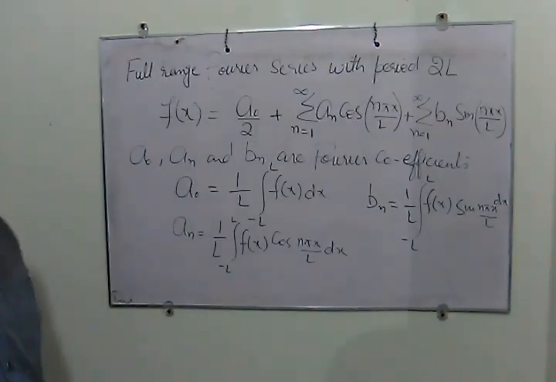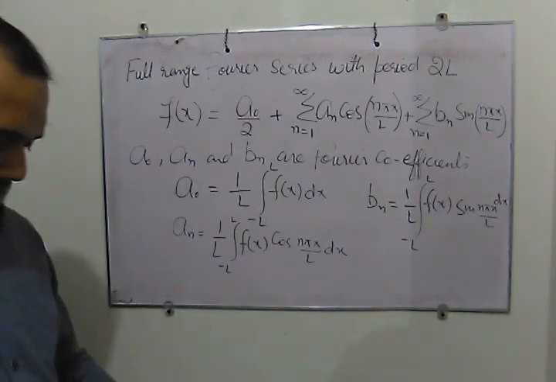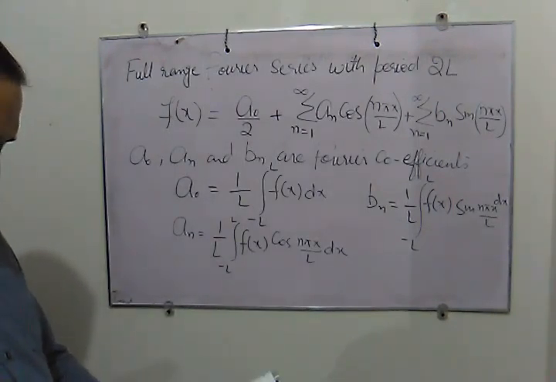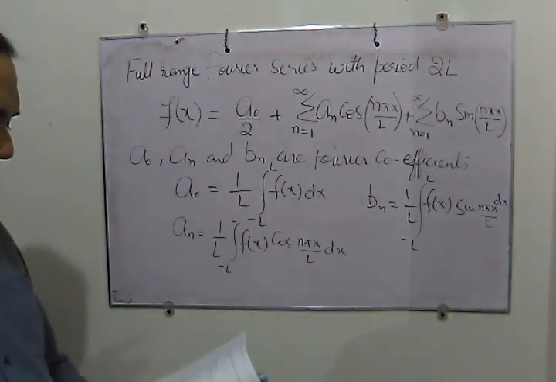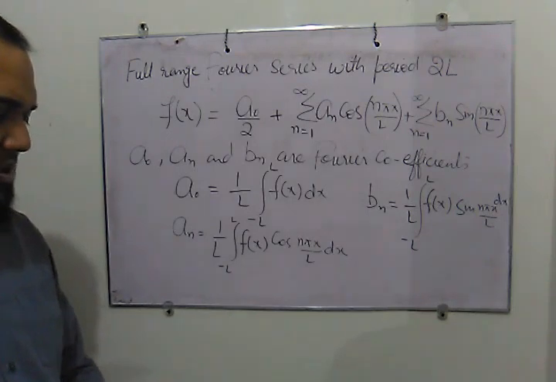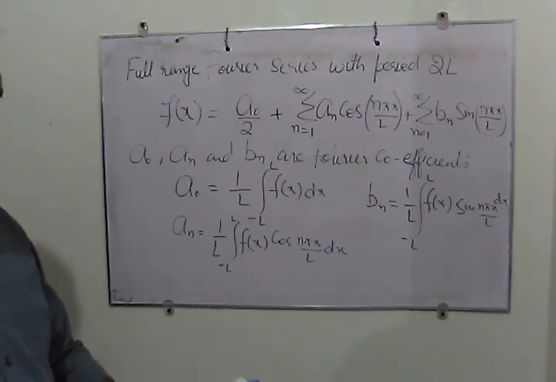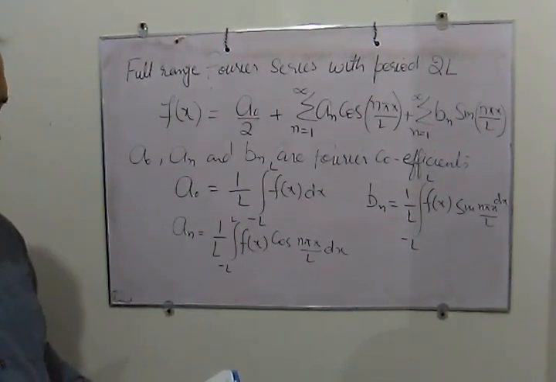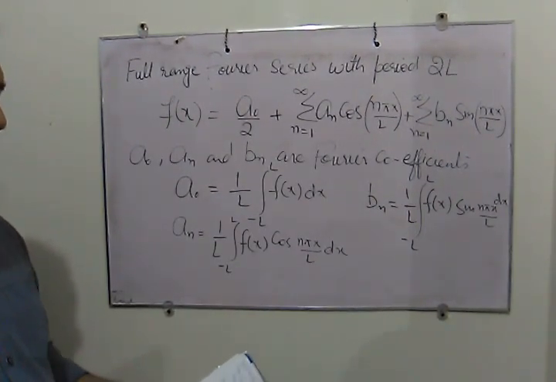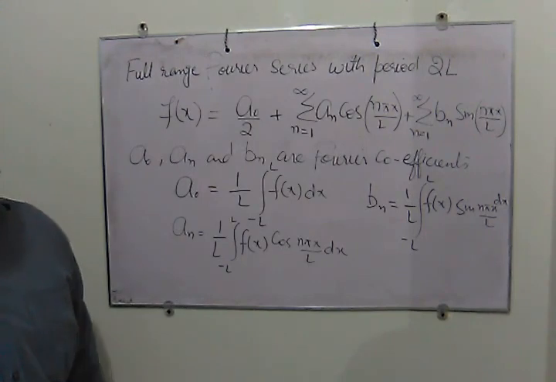So let's solve a question for the Fourier series. We know the values for the coefficients. How can we solve for the coefficients? For example, we take a function x square and we find the equivalent Fourier series. What is the benefit of Fourier series?